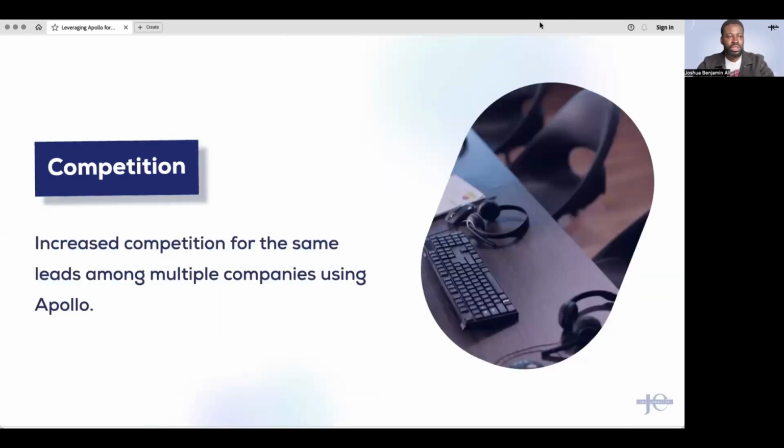Competition. So increased competition for the same leads among multiple companies using Apollo. A lot of companies are using Apollo because it's one of the best. So taking into consideration that there are all these companies out there who are also trying to connect with the leads that you want, you would find yourself in a position where it becomes kind of hectic, in the sense that you would reach out to a customer who is already sold, and you have to now understand at which point in the sale you want to make it very unique.